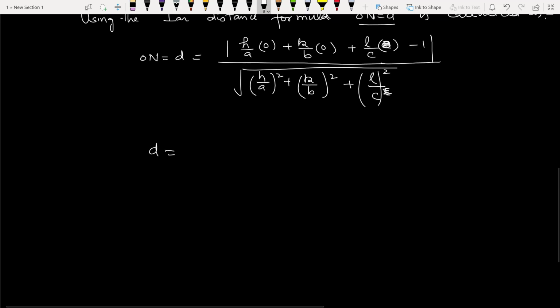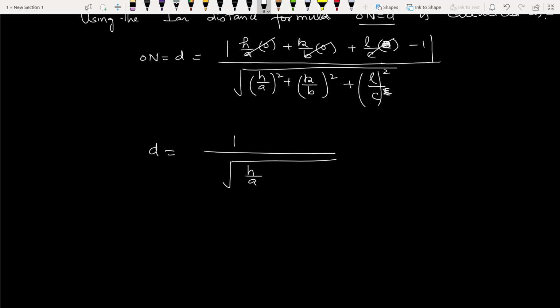So D, this will be 0, this will be 0, this will be 0, minus 1 modulus is 1. So this formula will be 1 over square root of H over A whole square, K over B whole square, L by C whole square.